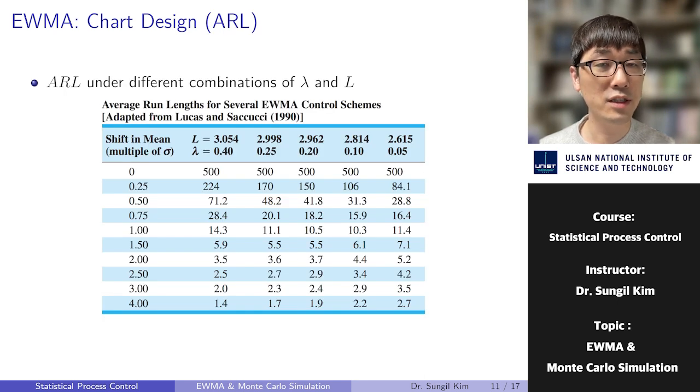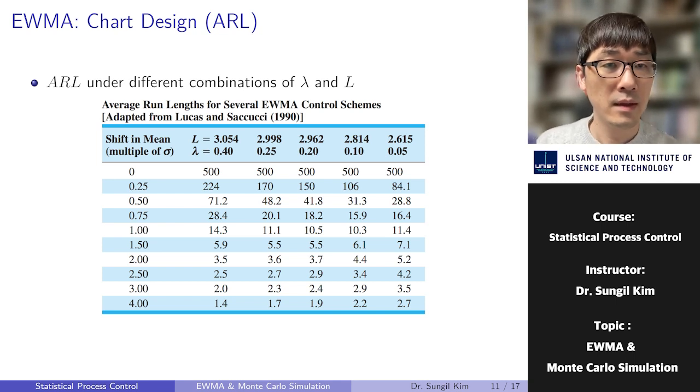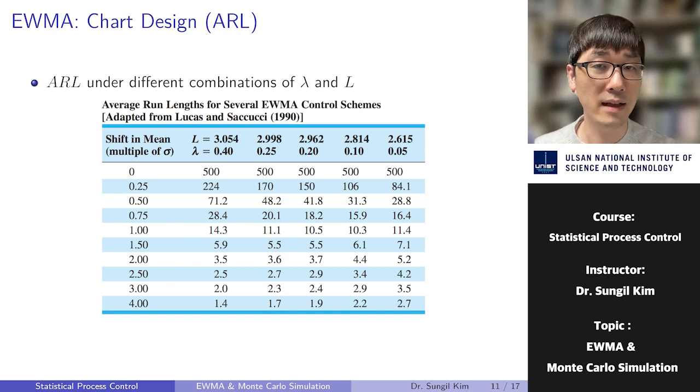Similar to the CUSUM chart, there are two approaches to design the EWMA chart, relying on results from literature and simulations. This table provides the result of ARL for various combinations of lambda and L to make ARL0 equal to 500. For a specific shift in mean, we can choose proper combinations of lambda and L to obtain the desired or required ARL1.